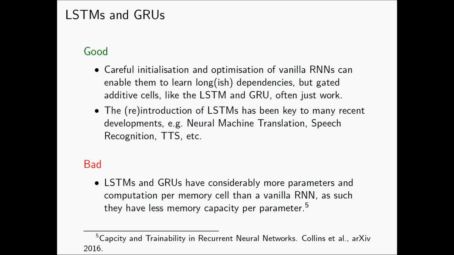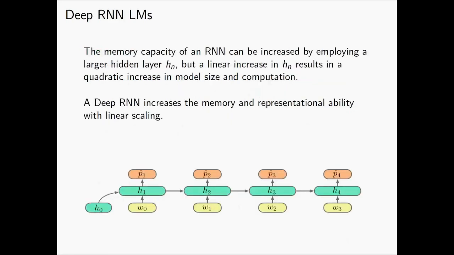There's a really nice recent paper from the last few months that looks at lots of these different architectures and compares them explicitly on the number of parameters versus the memory and performance, and finds that most of the time the architecture is less important than just the sheer number of parameters. But the architecture definitely impacts on learnability, which is this problem of finding the dependencies. Okay, so that was LSTMs and gated recurrent units.